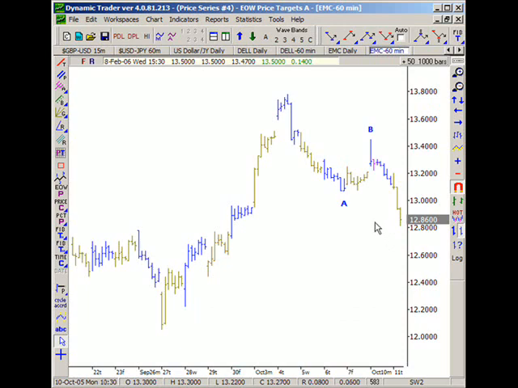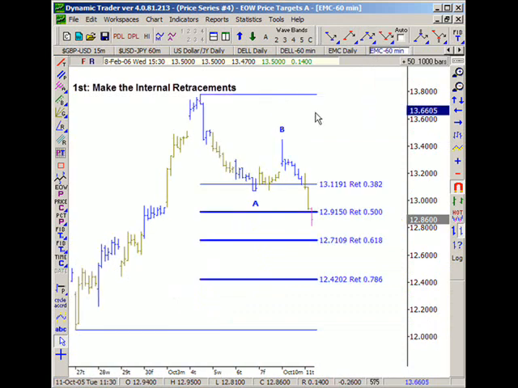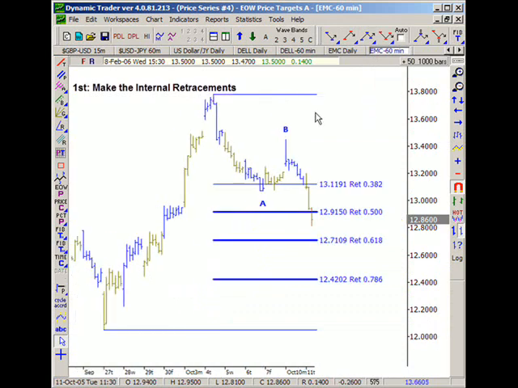So the first set of projections that we do is your basic retracements. We call them dynamic retracements or internal retracements. You learned all about those in the first and second tutorial of this series. And we have the 38, 50, 62, and 78.6%.